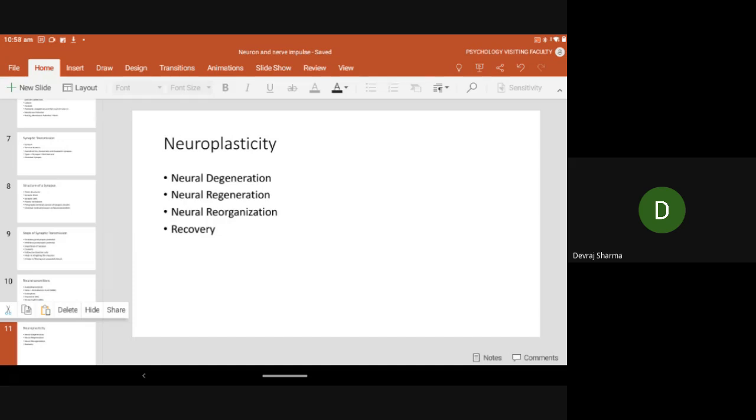Now you all know what the cognitive part is, mainly that part which is controlled by the brain, like thinking, perception, memory, and these most important vital parts of our behavioral activities.